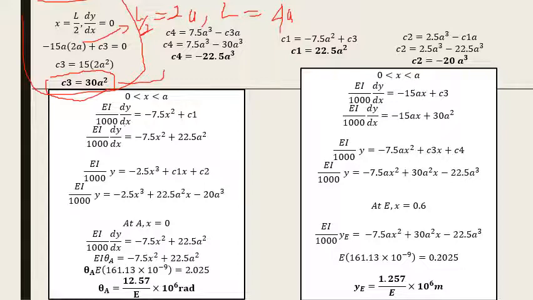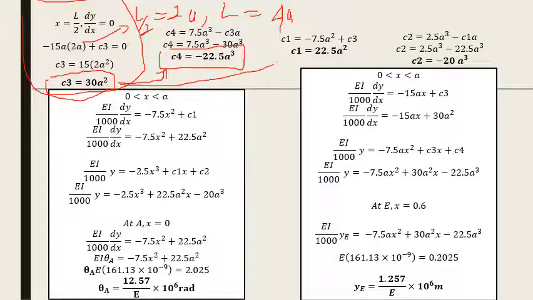Then I use this value to find C4. Putting it into the C4 equation, C4 is equal to 7.5a to the power of 3 minus C3 a. Then we got C4 equal to minus 22.5a to the power of 3.